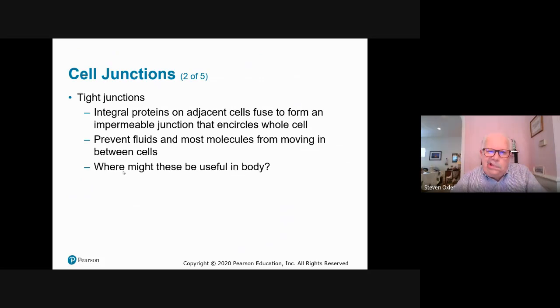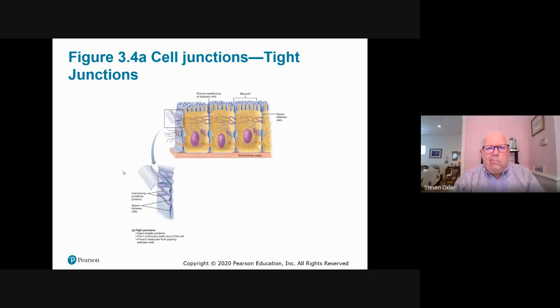The epidermal cells of your skin don't allow water to get into your skin. It allows oxygen and carbon dioxide to go in and out, but it doesn't allow water to get in. It does allow water to come out because when you sweat, those tight junctions open up and let the sweat come out. So tight junctions are basically in the epidermis, your skin.